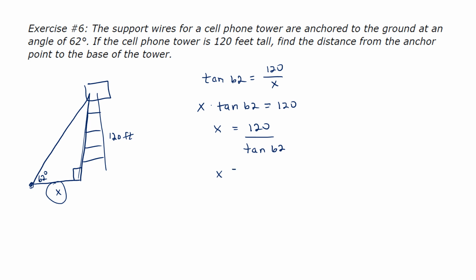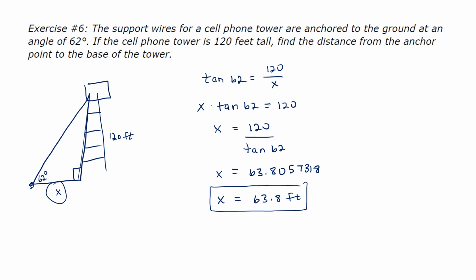Plug this value into our calculator. We will get a long decimal. Then we need to round to 3 significant digits. So we'll get 63.8 feet as the distance from the anchor to the base of the tower.